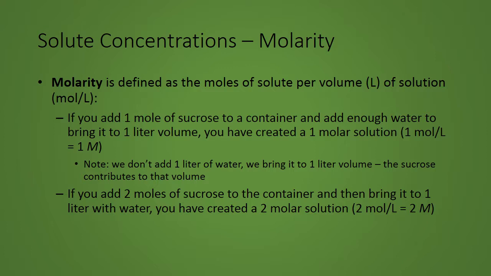Now we only need the liters of solution. It's very straightforward. If you have 1 mole of sucrose, which you now know is 342.3 grams of sucrose, you put it in a container, and you add enough water to bring the total volume up to 1 liter. You mix it, and you have a 1 molar solution of sucrose in water, or of aqueous sucrose.